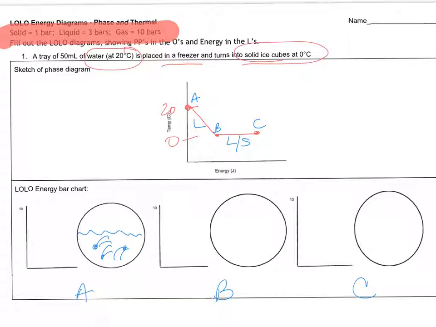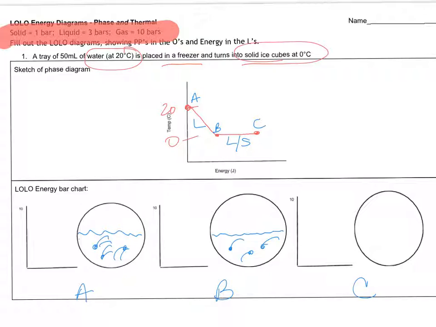At B, I still have a liquid. It's just that it's colder. Because we have thermal expansion and thermal contraction, it's going to be just a little bit lower in terms of volume. And since it is a lower temperature, I'm also going to have fewer whooshies.